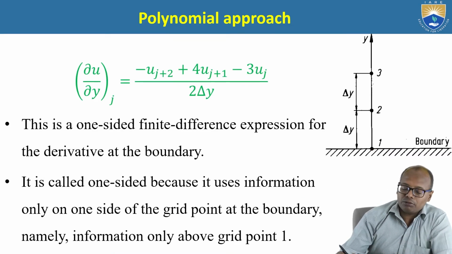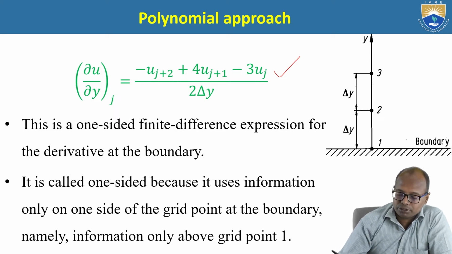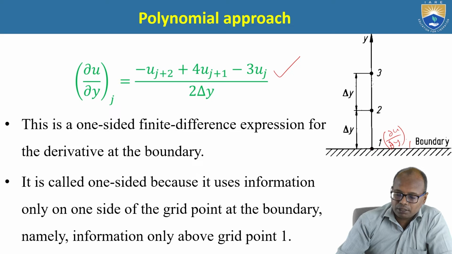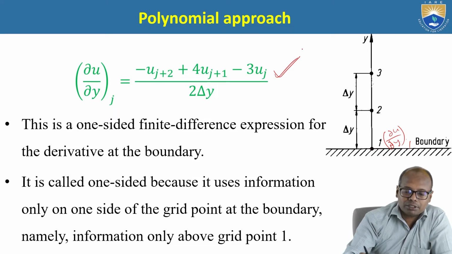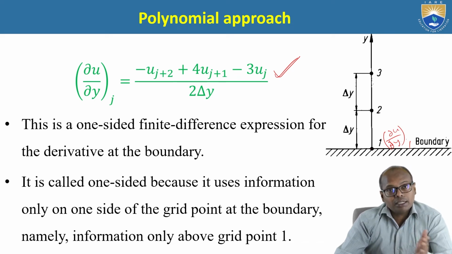That is the reason we can say this is a one-sided finite difference equation, because we are using the values of 1, 2, 3 only for finding the value of dou u by dou y at 1. We are using the values of 1, 2, 3 which are on one side of the point 1. So that is why this equation is called a one-sided finite difference equation, and it is at the boundary.